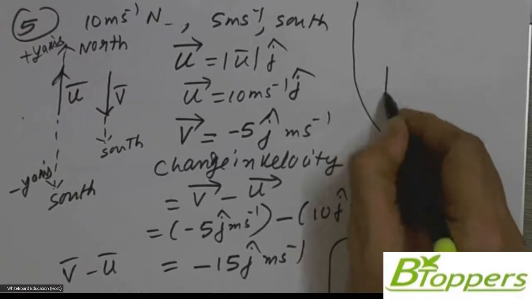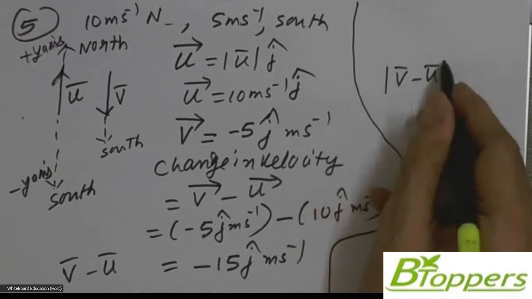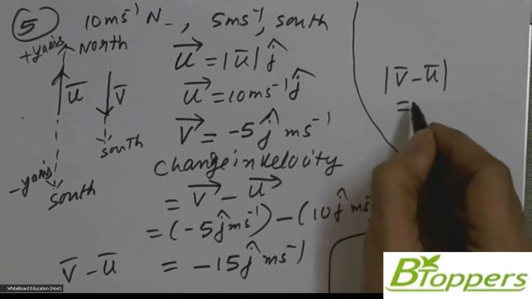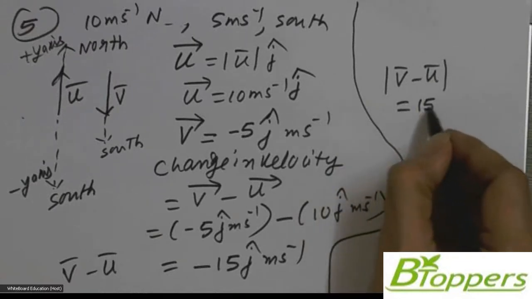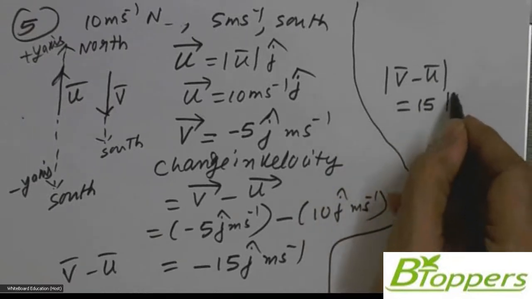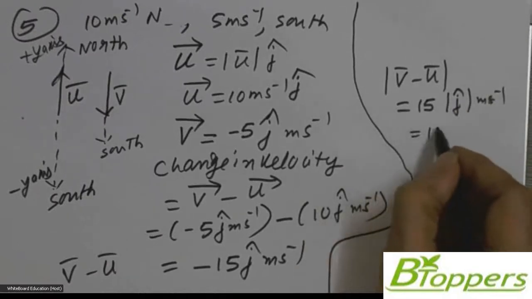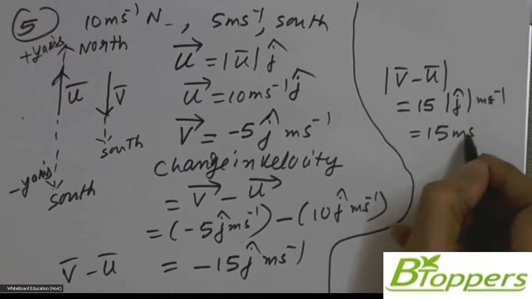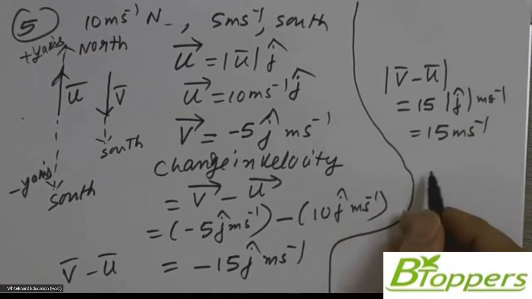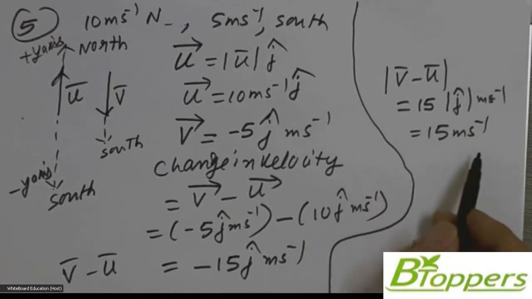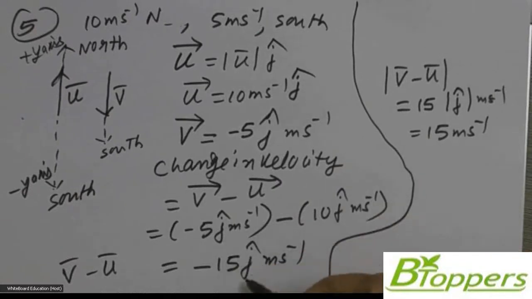So the modulus of the vector difference v bar minus u bar is 15 into the modulus of j cap. The modulus of j cap is 1 because j cap is a unit vector. So the magnitude of the change in the velocity of the particle is 15 meter per second, but the direction of the change in the velocity vector is in the direction of the unit vector minus j cap.